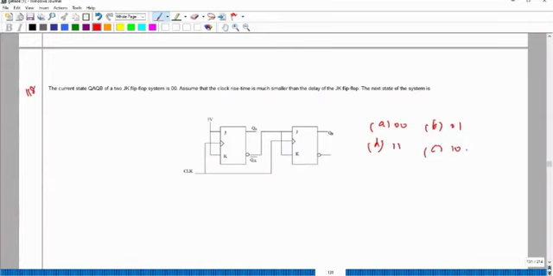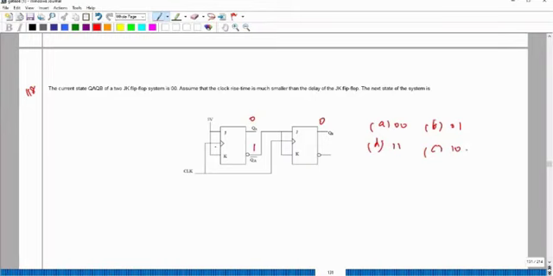So the current state of QA and QB of two JK flip-flops is 0, 0. Assume the clock rise time is much smaller than the delay of the JK flip-flop. What is the next state? So this is 1.